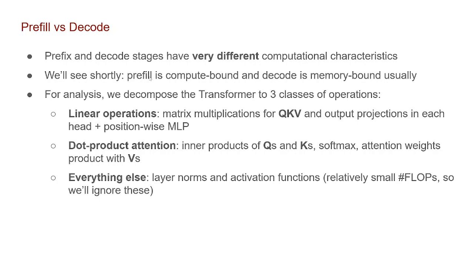We'll see shortly that prefill is compute bound, and that is good. We want kernels running on the GPU to be compute bound. But decode is usually memory bound, and this is bad news. We don't want to spend time moving things around in GPU memory. We rather want it to take more time to compute.